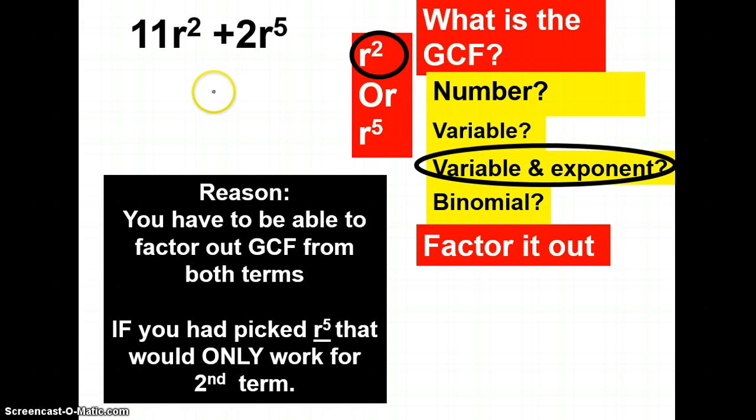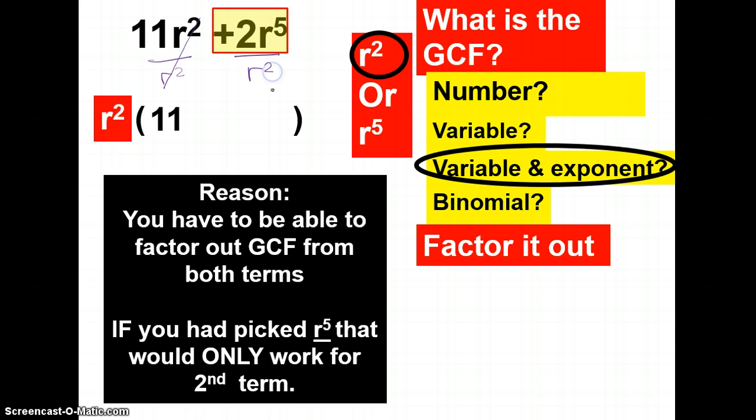So let's go ahead and factor that out. R squared. If I divide R squared out of here, that cancels. I'm left with 11. If I divide out R squared here, that cancels, and that becomes 3. That's 2r to the third power. Let's try another one.